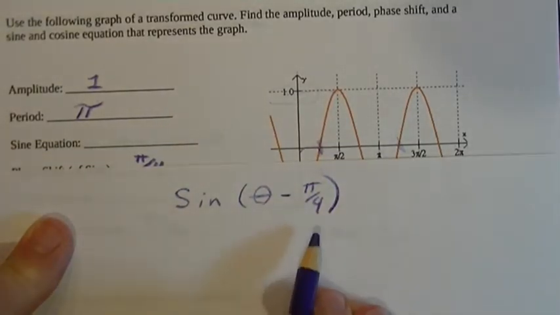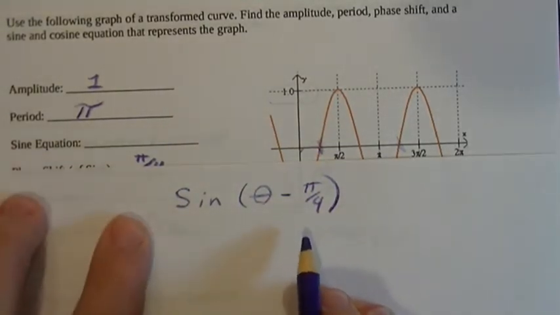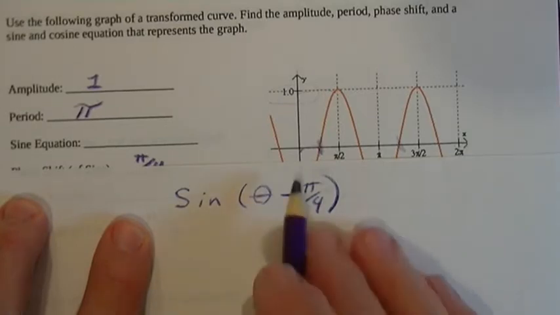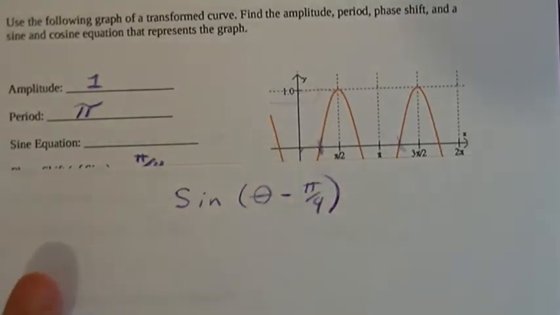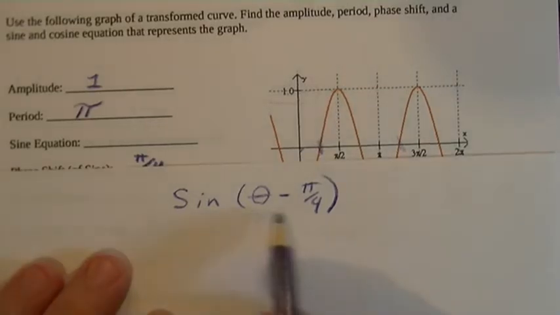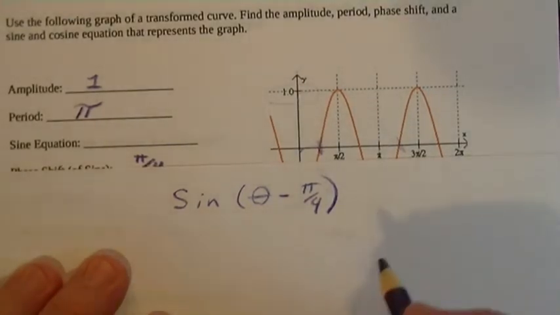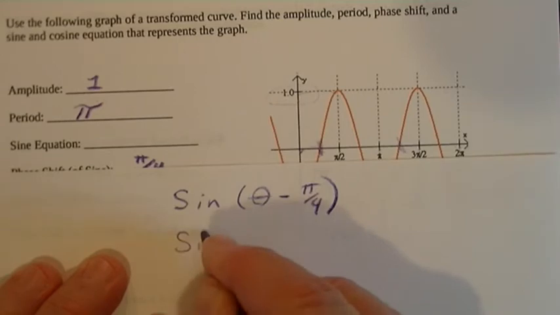This takes care of the phase shift, but it doesn't take care of the fact that the period is half as long as normal. Normally it goes from 0 to 2 pi. Now we're only going from 0 to pi, which is exactly half. And the easy way to work that out is say, well, really I'm taking the sine.